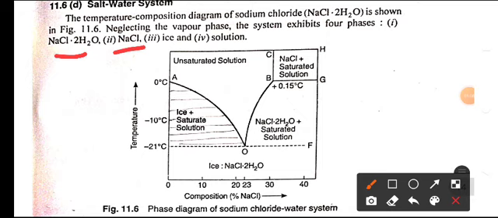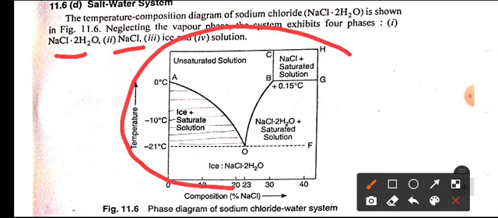Second one is solid sodium chloride phase, third one is ice phase, and fourth one is solution phase. And this phase diagram of the sodium chloride and water system contains three curves and one point.